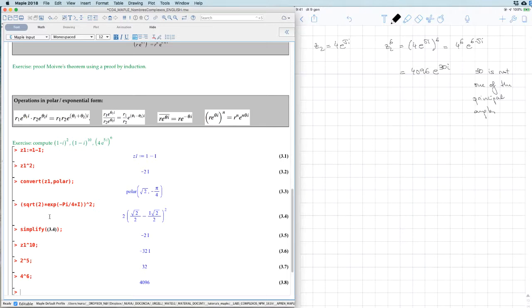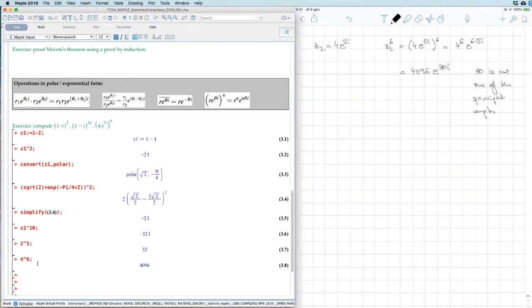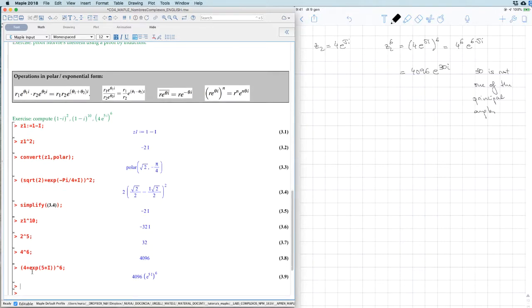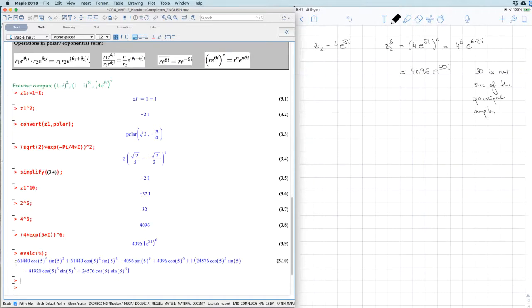We cannot simplify it. Okay, so if we do it with Maple, if we do 4 exponential of 5 times i to the power 6, what we get is this one. We can evalc it to convert it to binomial, and as you will see, since 30 is not one of the principal arguments, if I convert it to binomial, I would get the modulus times cosine of 30 plus sine of 30 i.